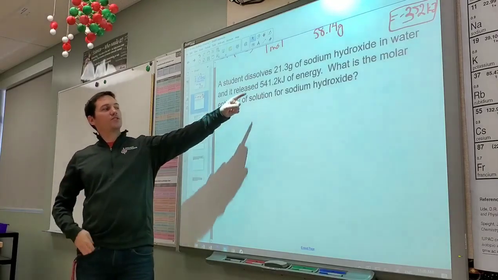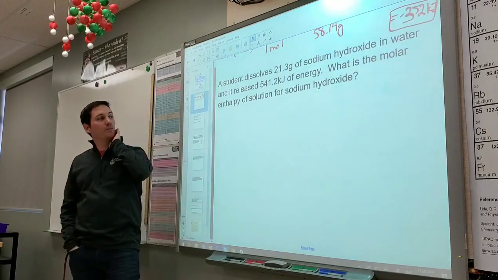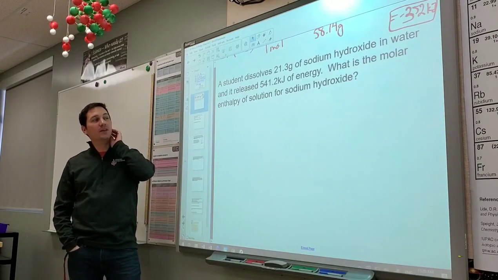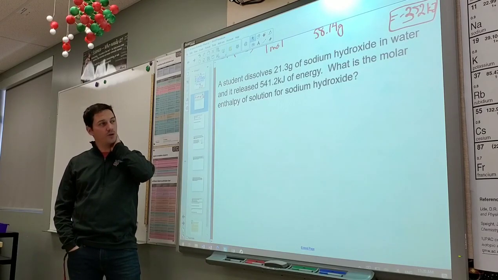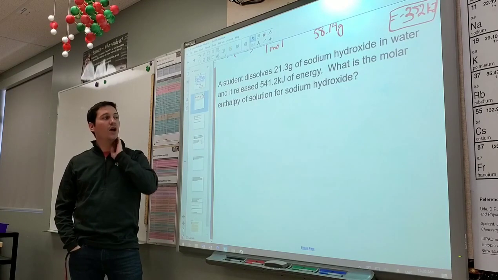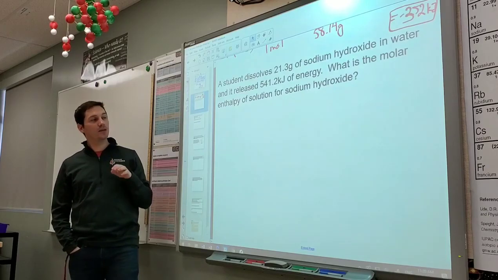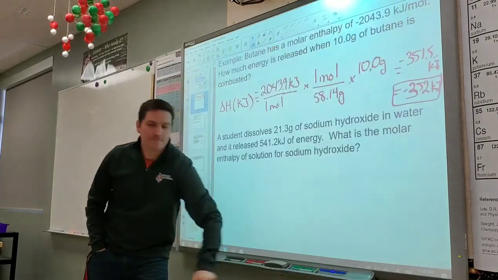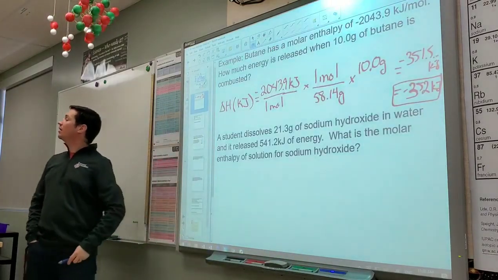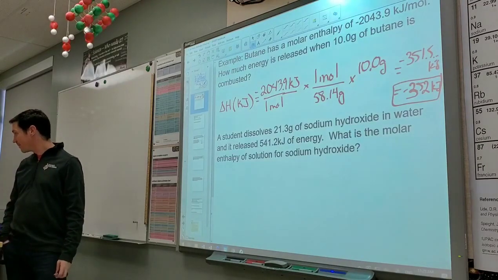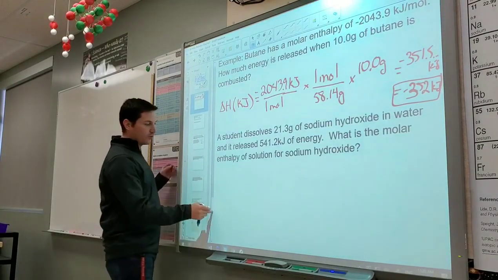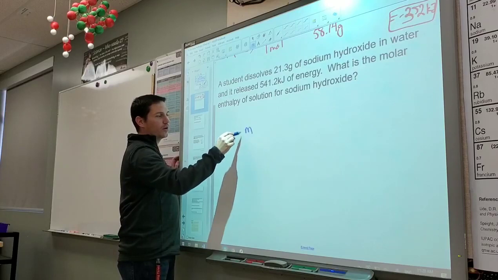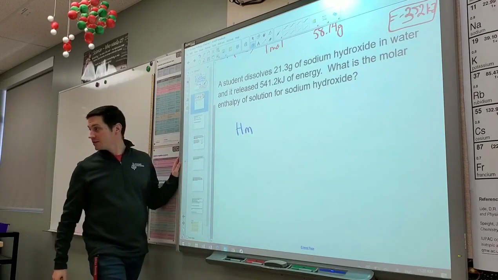A student dissolves 21.3 grams of sodium hydroxide in water, and it released 541.2 kilojoules of energy. What is the molar enthalpy of solution for sodium hydroxide? So what are we looking for here? You're looking for the molar enthalpy of what?